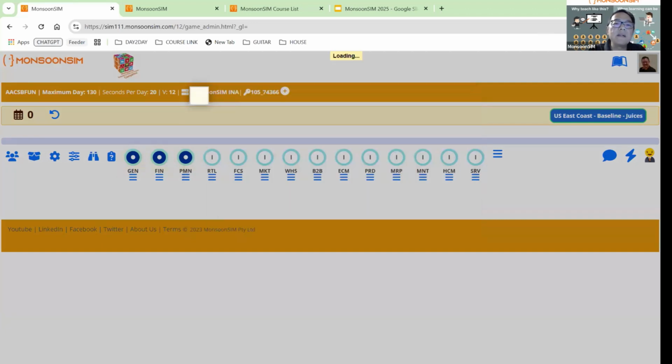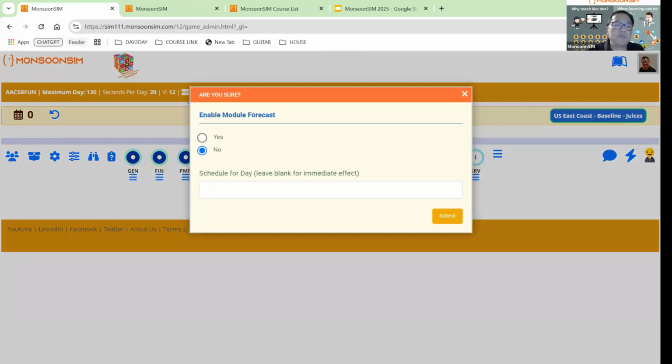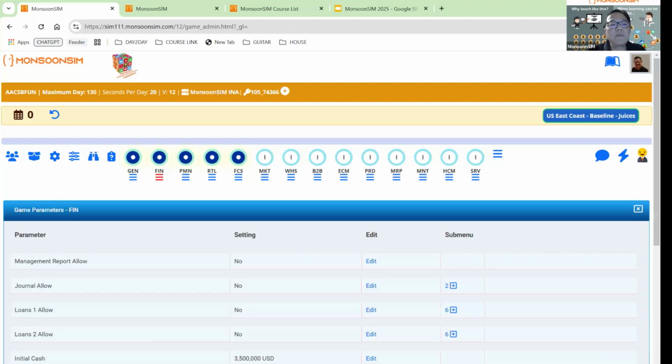And then you have retail business, for example, if you like, you can turn on the forecast. So I'm going to turn on forecast, for example. So I'm turning on a few modules. Let the student start with a very simple module like that. And then underneath here, I can further define my game if I like.